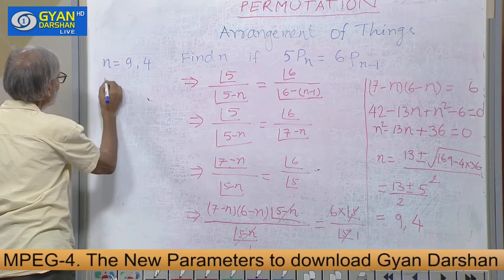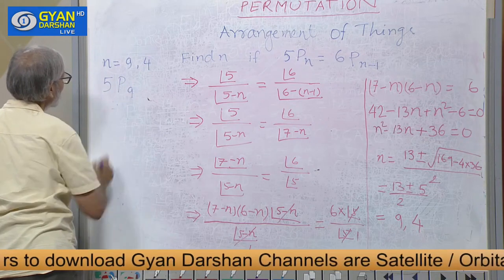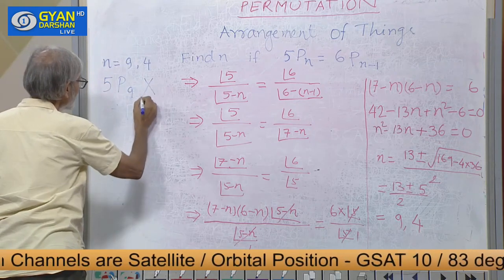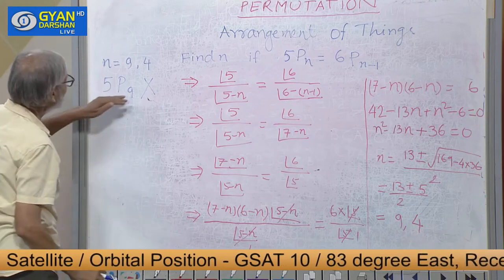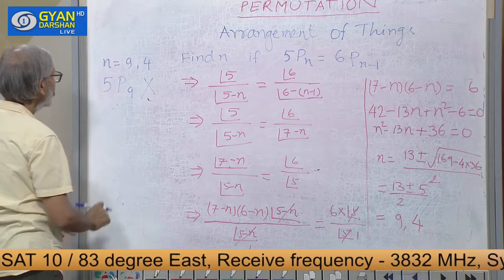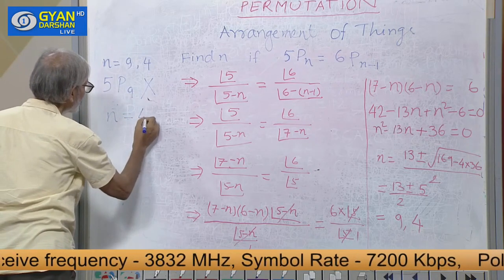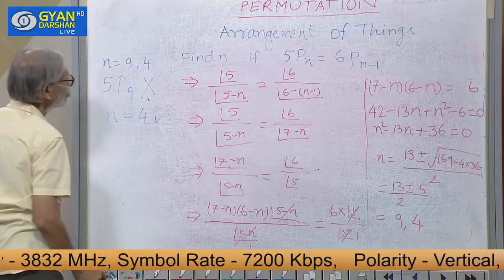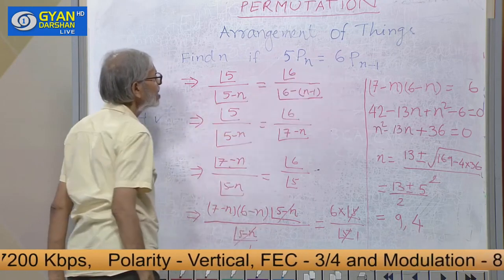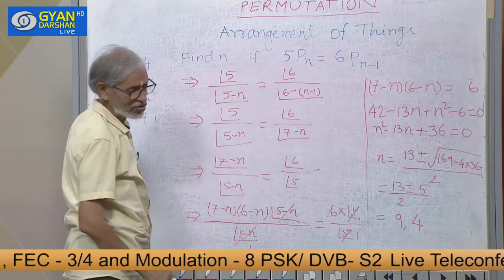So 5 P n will become 5 P 9, but this is not possible, because you cannot take 9 things for arrangement out of 5 things. So this is not possible. So the only possible value is n is equal to 4. So the given equation will be true only if n is equal to 4.